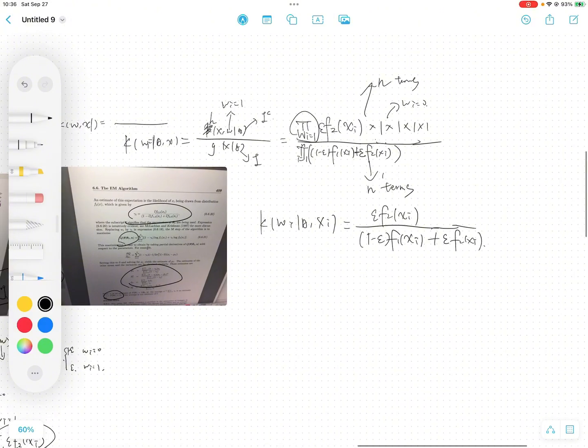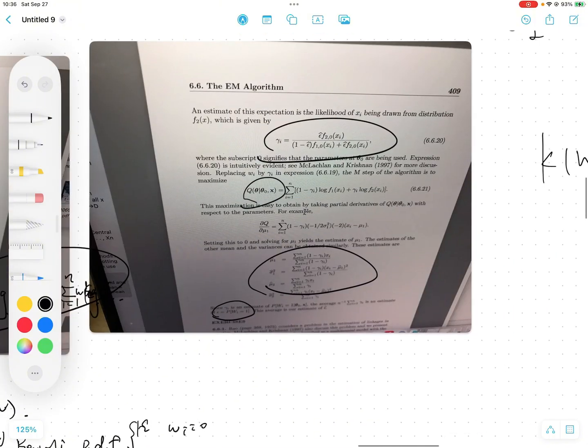Here I just forgot to add this term because this is a PDF.